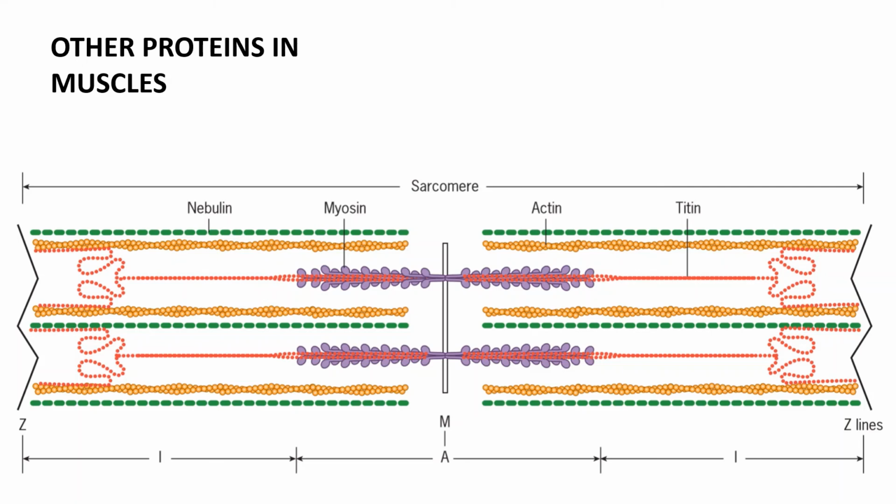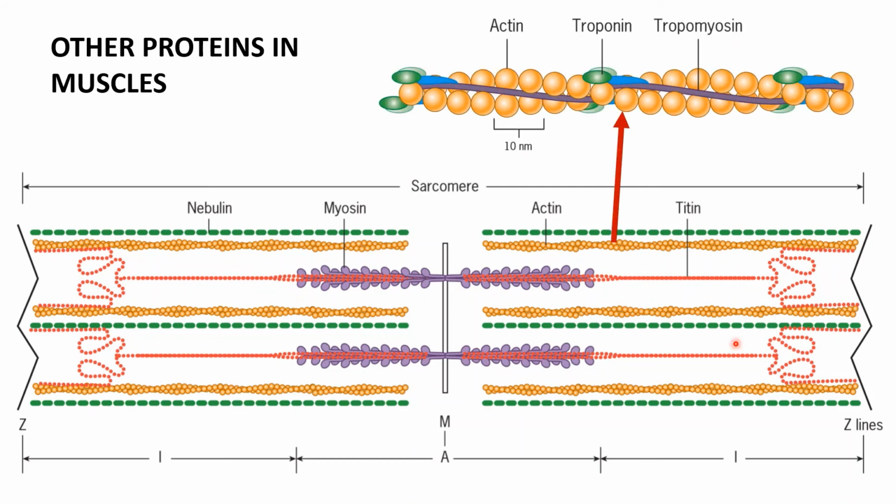Well, there are other muscle proteins, as we see here. We have the ones that keep the myosin in line here in the middle between the two actins. We call this the titin. And then we have the boundaries between these actin myosin components, the nebulins, the green proteins. And then there's even another protein or other proteins that are found wrapping around the actins here.